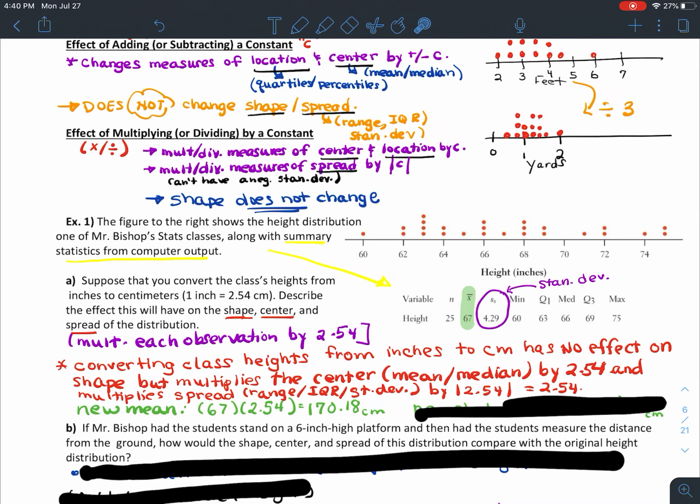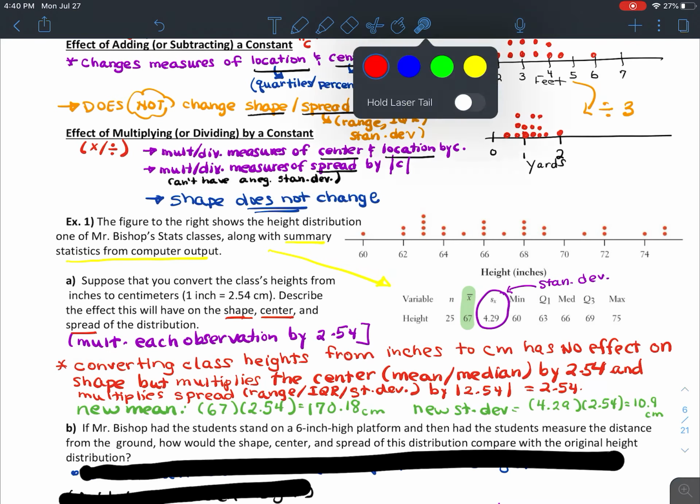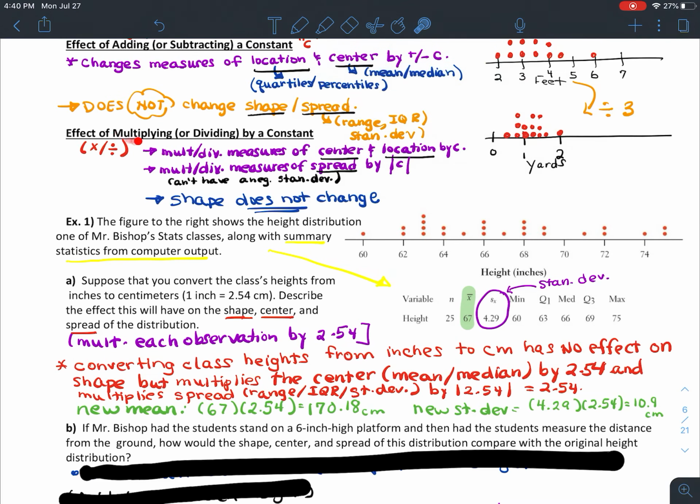The new spread should also get multiplied by 2.54. These are my absolute value bars here, 2.54, okay? And if you look at the standard deviation from up above, the standard deviation was 4.29, so the new spread would roughly be 10.9 centimeters, okay? Everybody see how we're doing that?